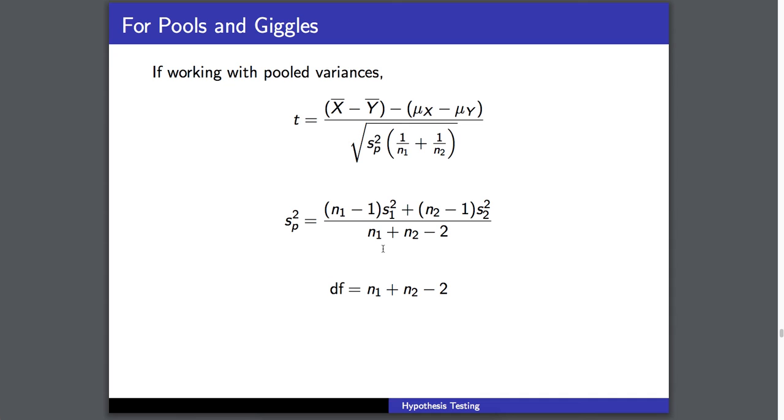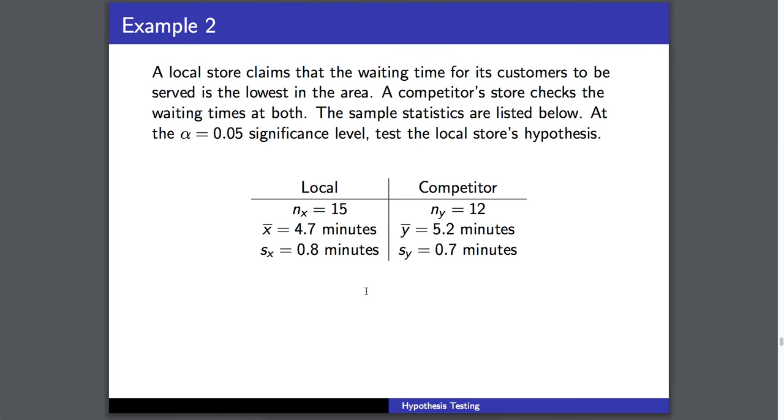So again, we're pooling our variances, we're pooling all of our resources into one big pile, so to speak. We just combine our degrees of freedom. For this section, unless otherwise mentioned, we are not going to be working with this information here. Plus, it'll all be on a program anyway.